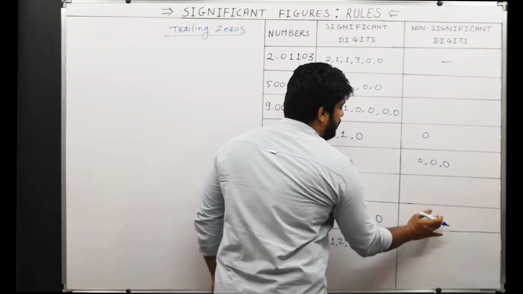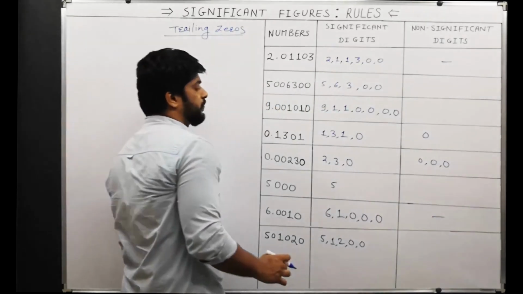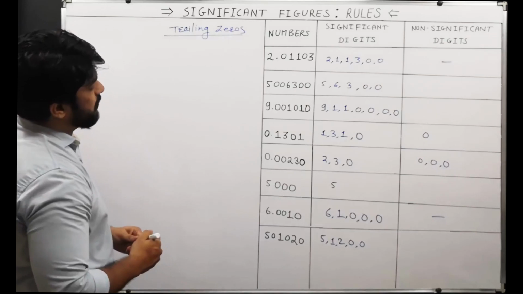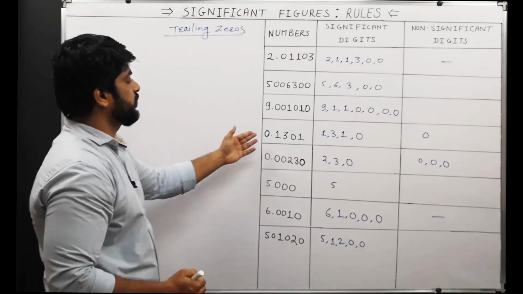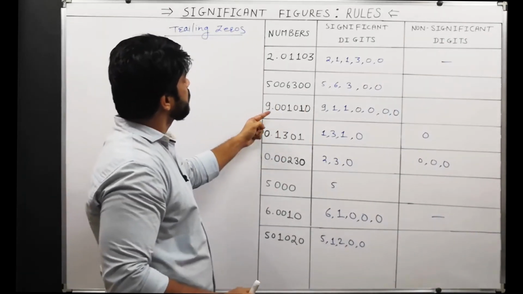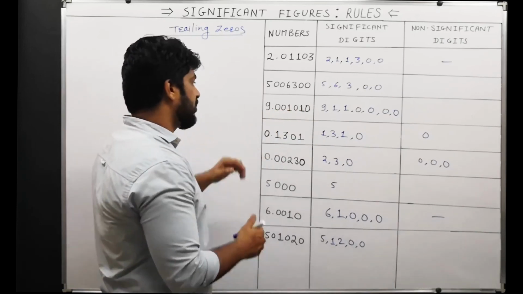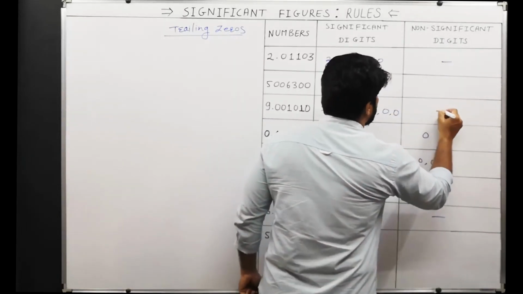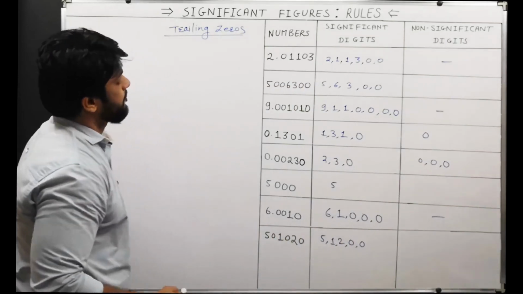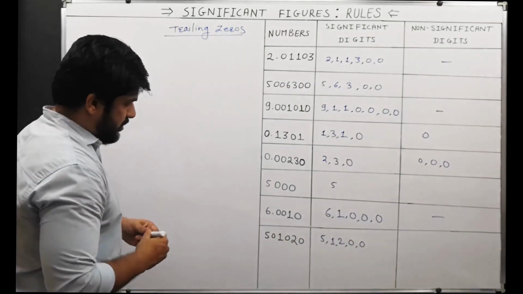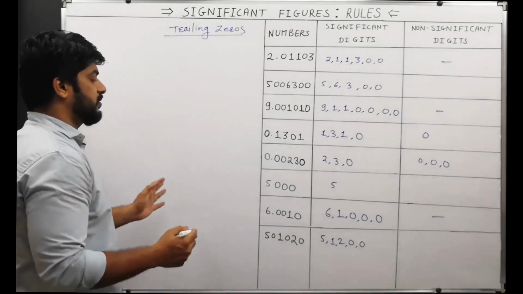Yeah, I think this one is also done. 1 2 3 4. Here also this is done. There is no non-significant digit over here. Yes, I think this is done.